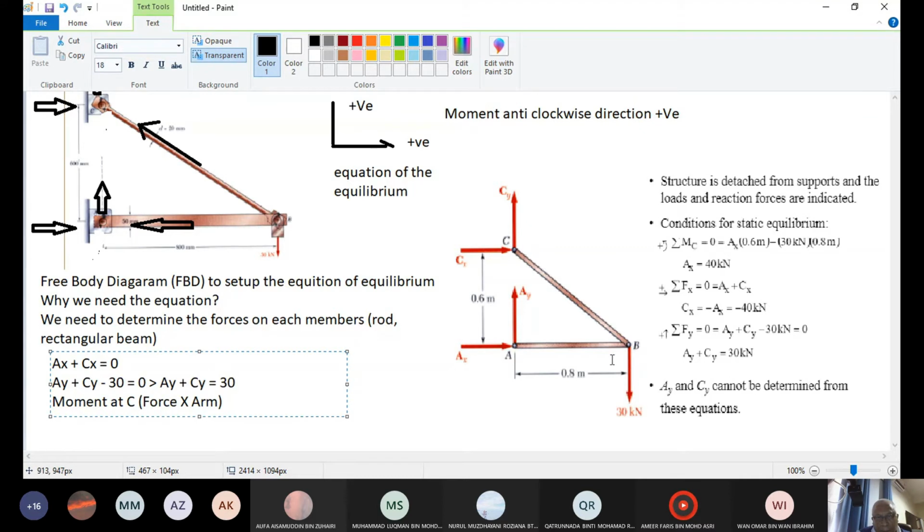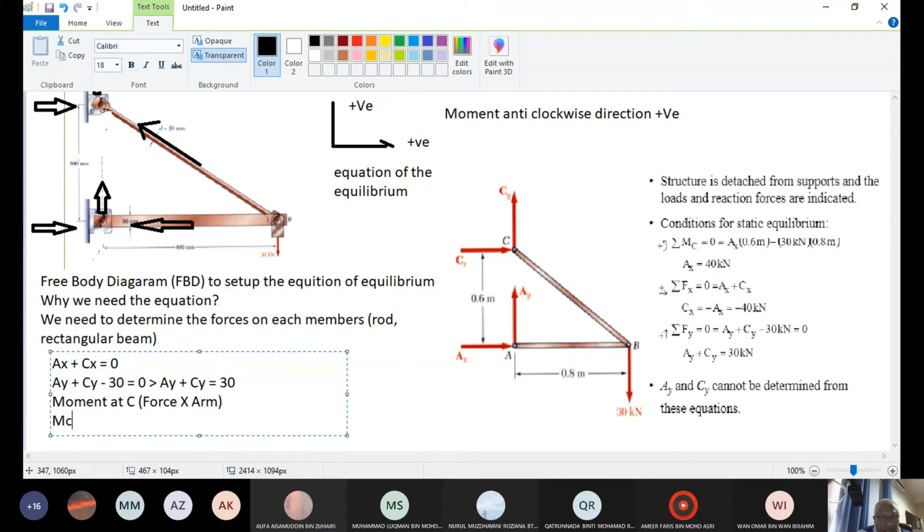So here is the arm. So moment AC will be, what are the forces acting on C? Perpendicular to the C, we have Ax. Ax acting on C. The moment is here. The arm is here. This is the arm.